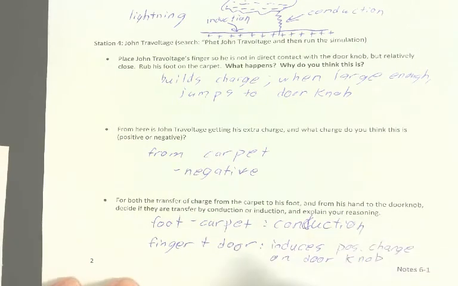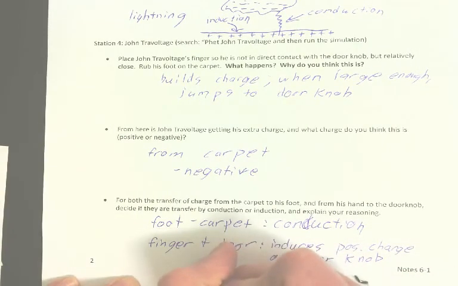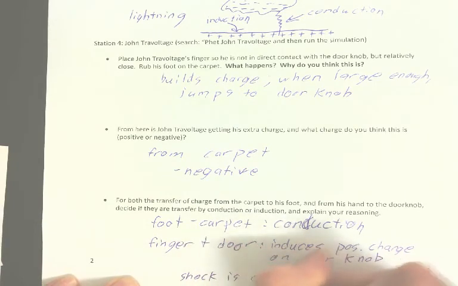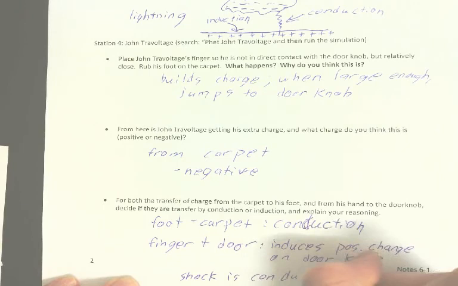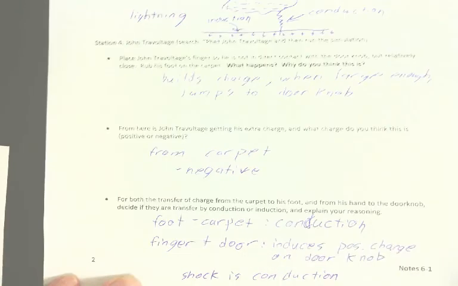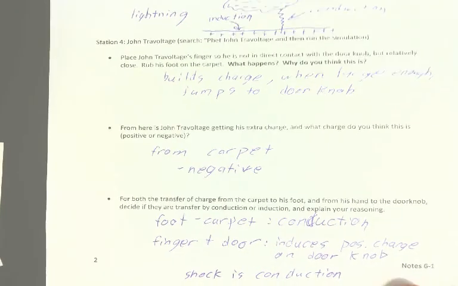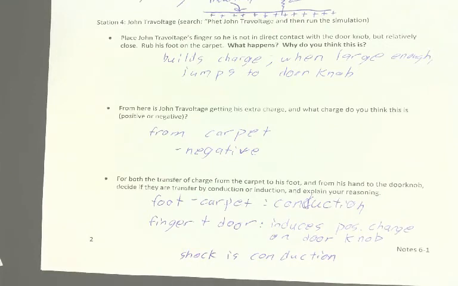However, the actual shock is conduction. So the thing you want to be careful of is thinking that induction doesn't need to be touching. That's not what it is. Induction means that it charges without charge transferring.